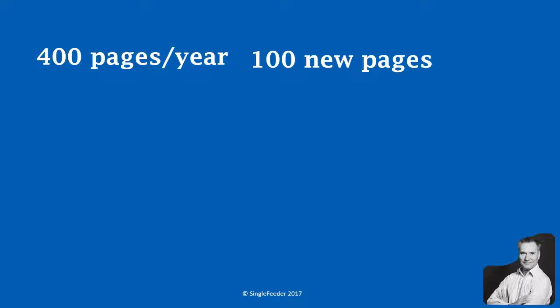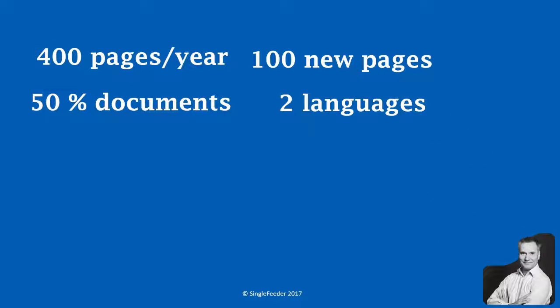Let's come back to our example. You publish 400 pages per year and 100 pages are new. Let's assume that you translate every second document into 2 languages, and we'll also assume a translation price of 81 cents per line.